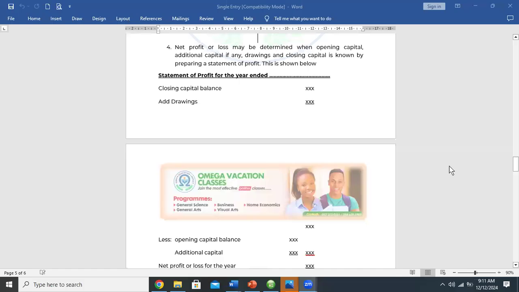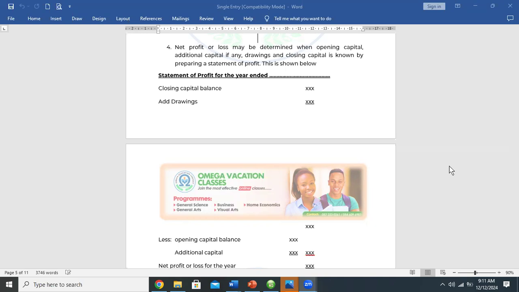So dear professors, you see that we just ended with preparing our trading profit and loss account, which has helped us estimate our net profit. Now, sometimes some businesses do not even have records that could assist you prepare even the trading account.